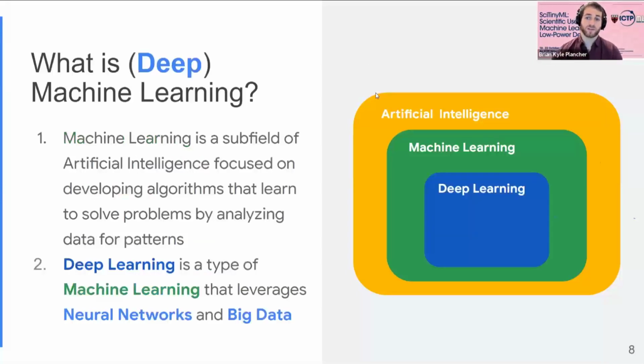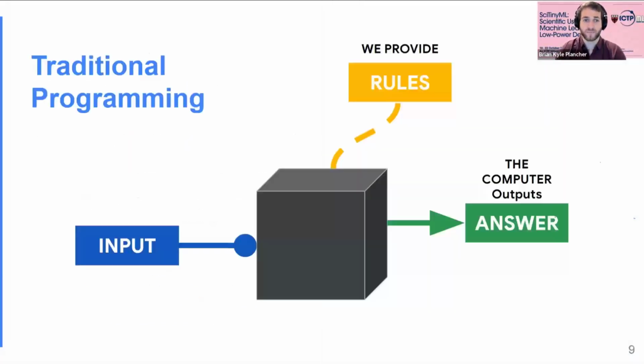Deep machine learning is a subfield of machine learning that's focused on using, usually, big data and neural networks. In this course, we'll extend deep learning and go even a little smaller into tiny deep learning, and think about using smaller neural network models and what the extra challenges and extra opportunities are there.